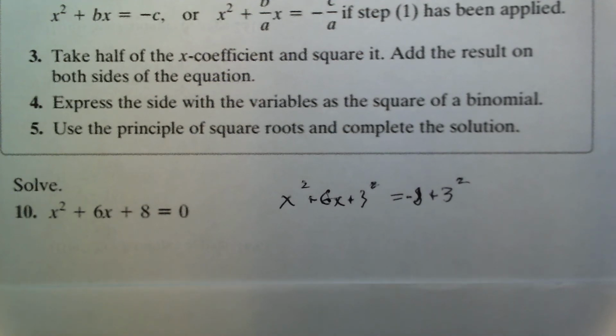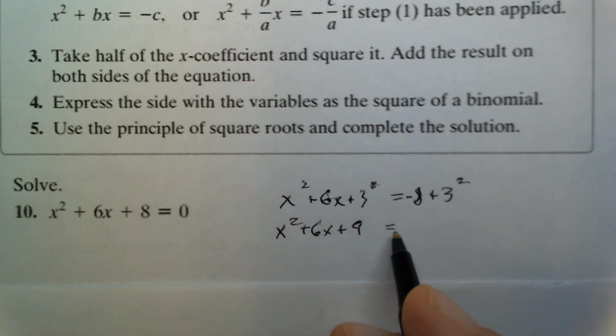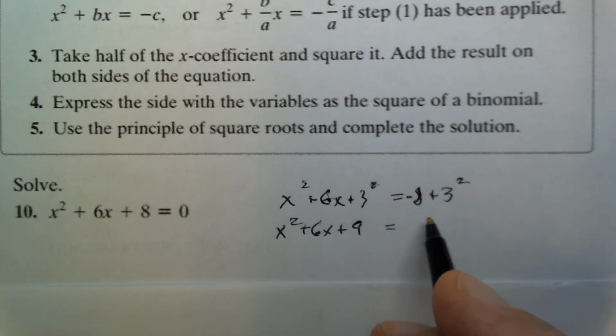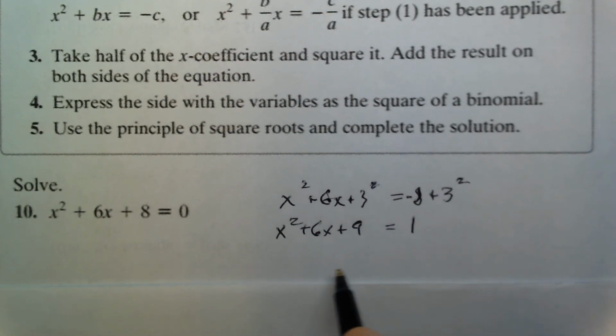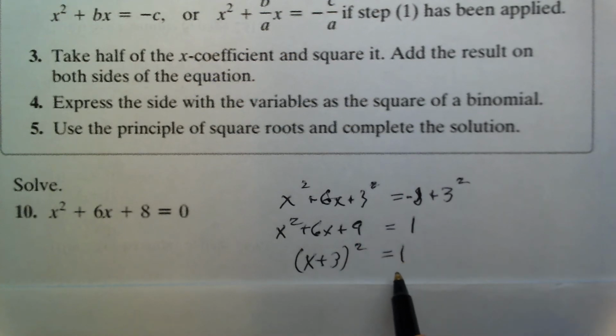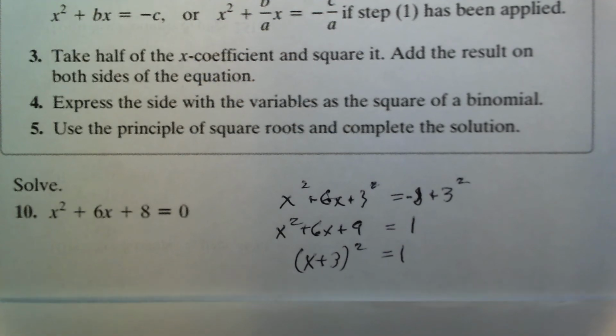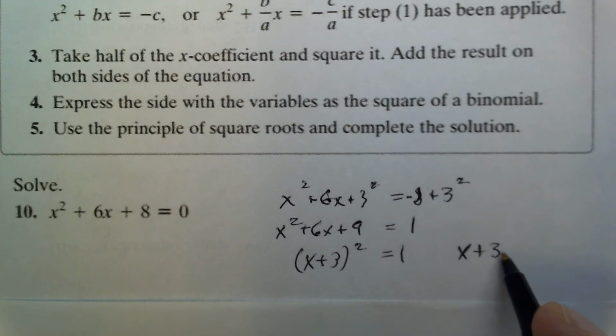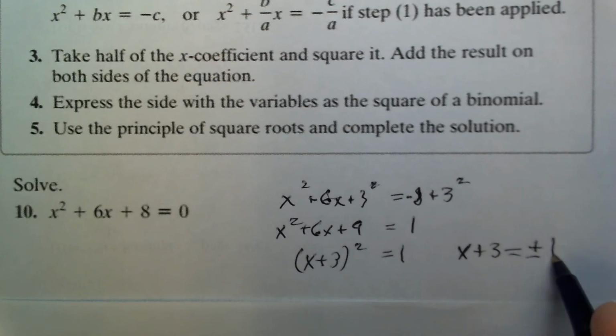So then on the left side we have x squared plus 6x plus 9, and on the right, minus 8 plus 9, which would be equal to 1. So now we can write x squared plus 6x plus 9 as (x plus 3) squared equals 1. Now when we take the square root on both sides, we get x plus 3 equals plus or minus 1.